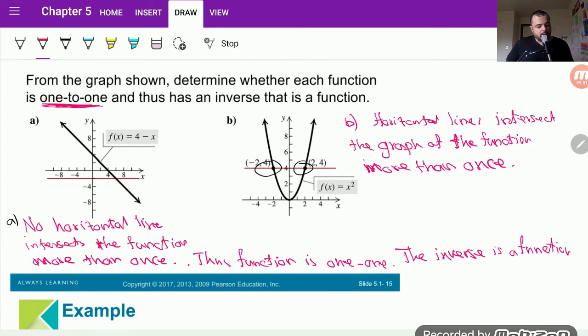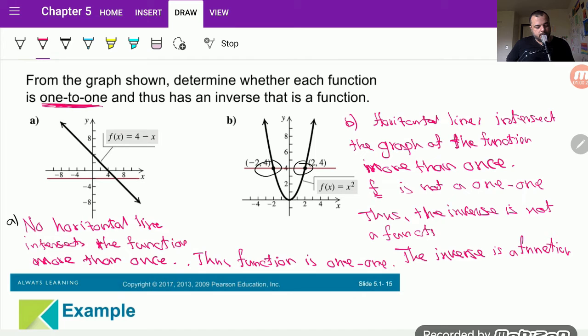Consequently, the function f is not one-to-one. So what is the conclusion? Thus, the inverse is not a function.